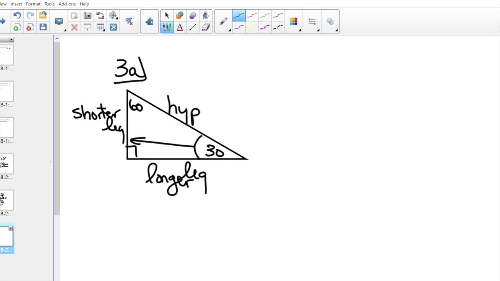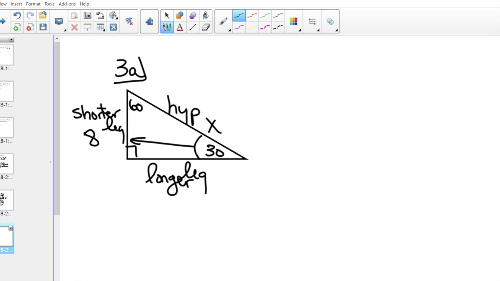And so on number 3A, it says find the length of the hypotenuse, that's x, if the shorter leg in number 3A is 8. Now it does not say to do the longer leg on this particular problem, just the shorter leg.